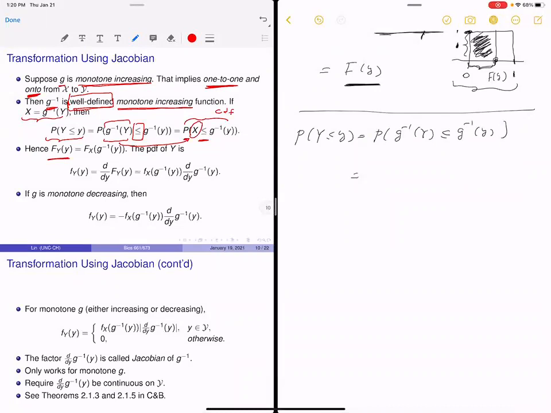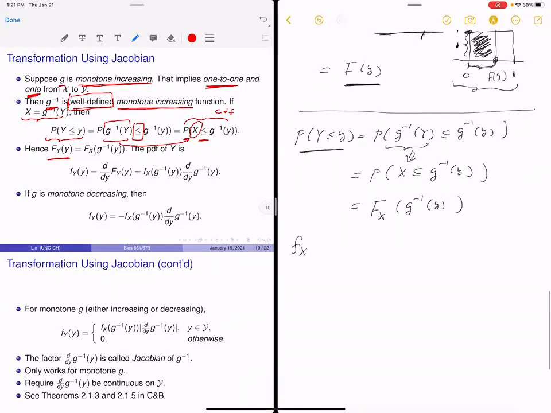Then this is nothing but the new random variable y, and by definition this becomes x. So applying the definition of the CDF of x, this is the CDF of y.